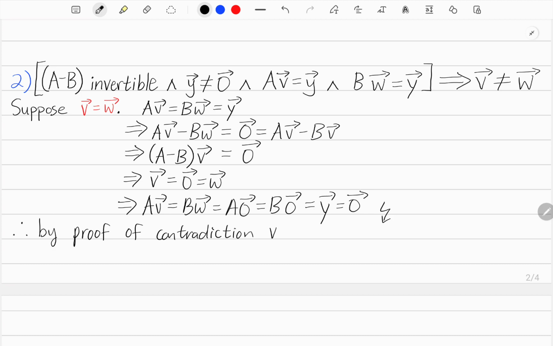So we have V cannot equal W, because if it did equal W, then we get a result that conflicts with a result we're taking to be true. Given that these four premises are true, this has to be the conclusion. If V did equal W, then with these five premises we get a contradiction, something false.